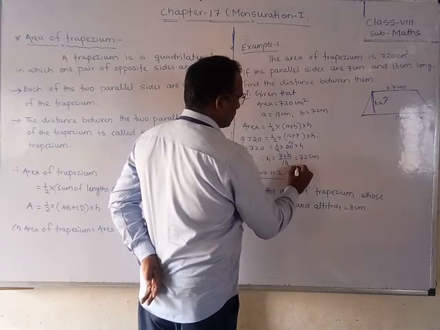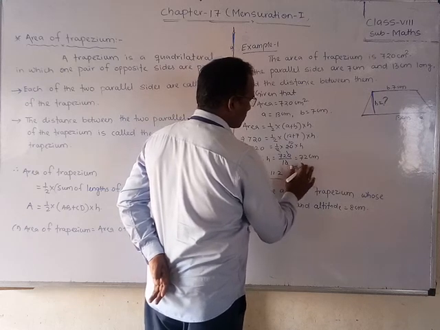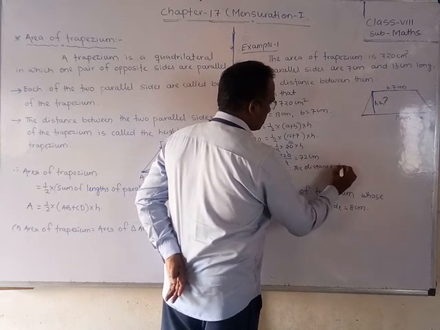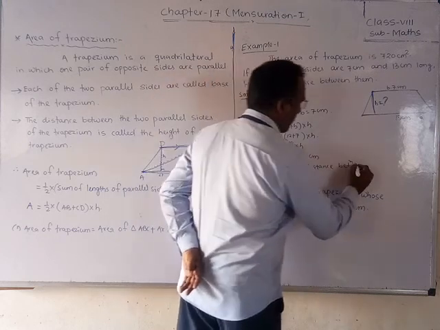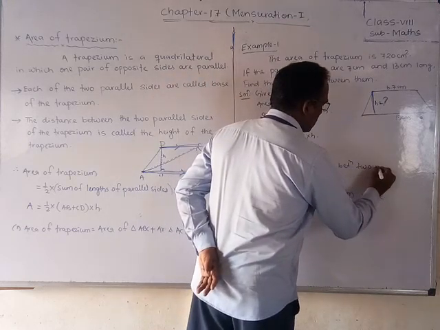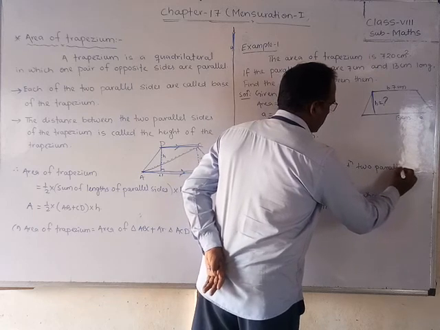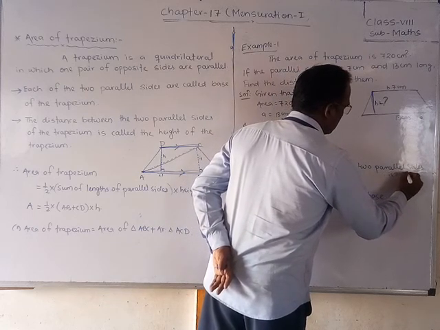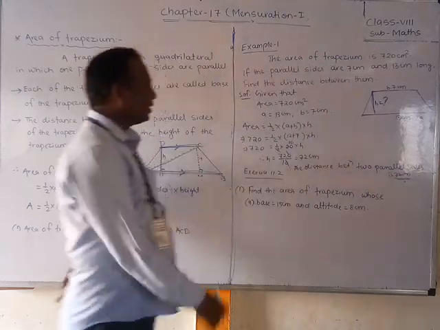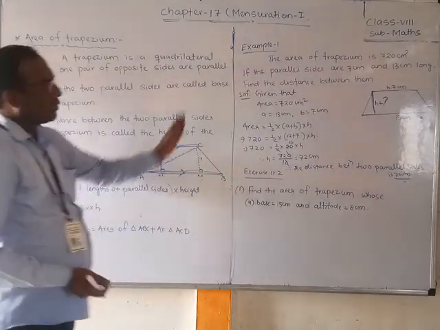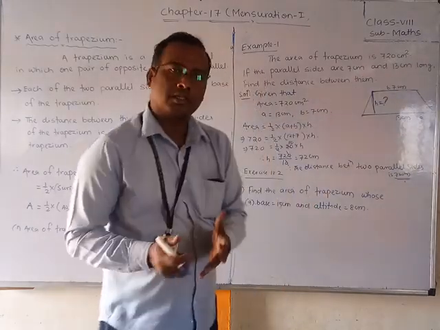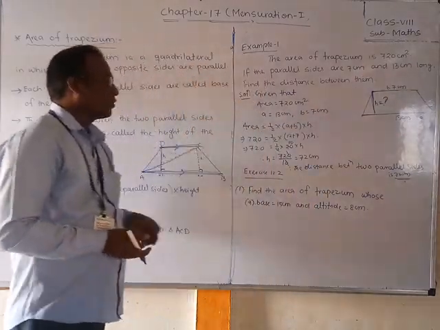So hence the distance between the two parallel sides is 72 centimeter. Okay. So this is how to find out the height, or the distance between the two parallel sides, if it is not given, how we should solve the problem.